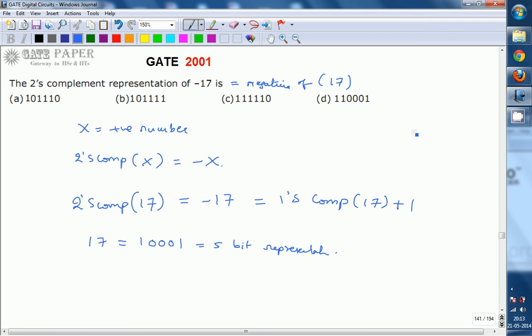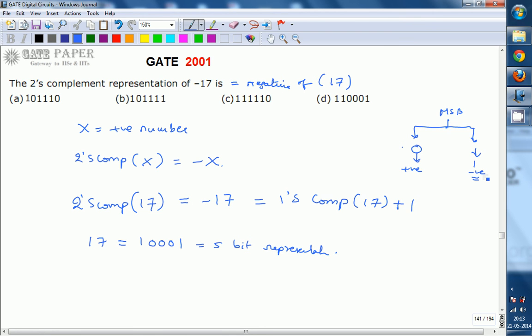If you want to represent positive numbers along with negative numbers, you must specify whether the given number is positive or negative. The general rule is to check the MSB. If the MSB is 0, it is a positive number, and if the MSB is 1, it is a negative number.